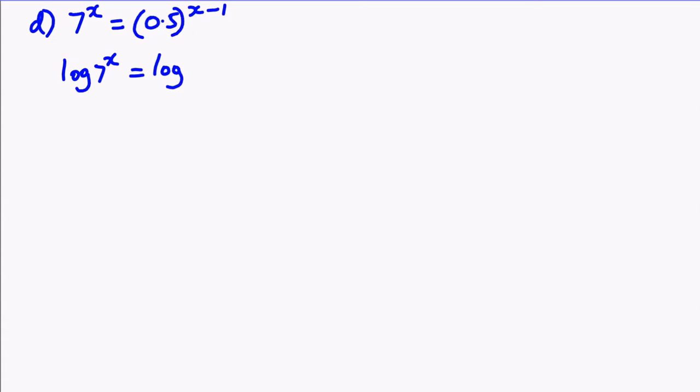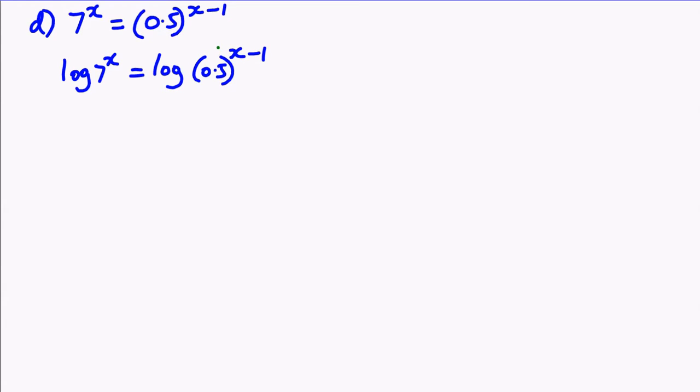In question D, you have 7 to the power x is equal to 0.5 to the power x minus 1. Take the logs of both the left and the right hand side. So we'll take log 7 to the power x is equal to log 0.5 to the power x minus 1.